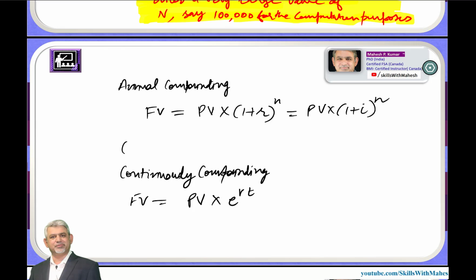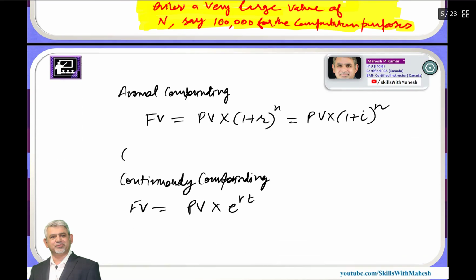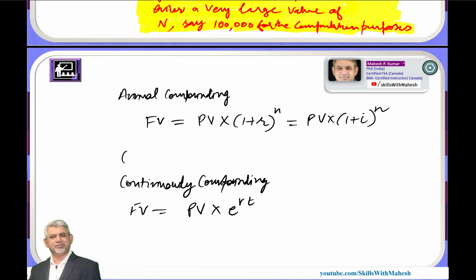So let us do this question. Let us take an example to distinguish between annual compounding and continuous compounding, so that we get a hold of this concept. So suppose present value is $10,000 and the rate of interest is 10%, and compounding period is 1 year.